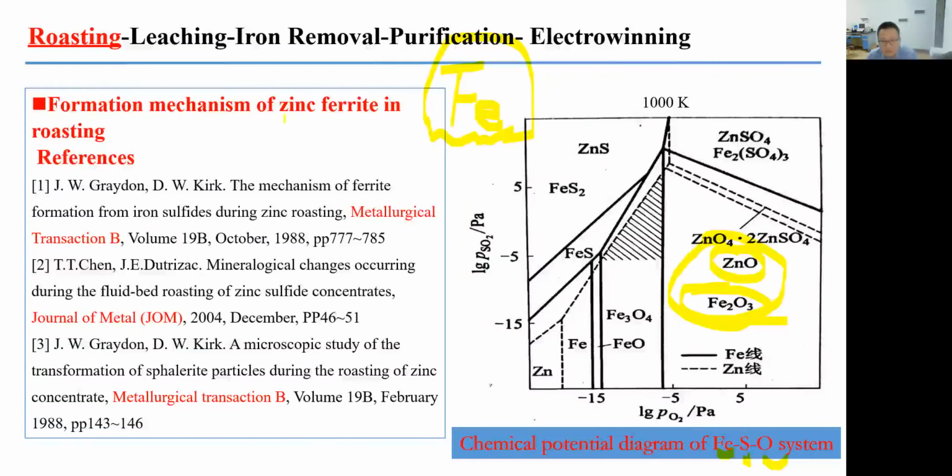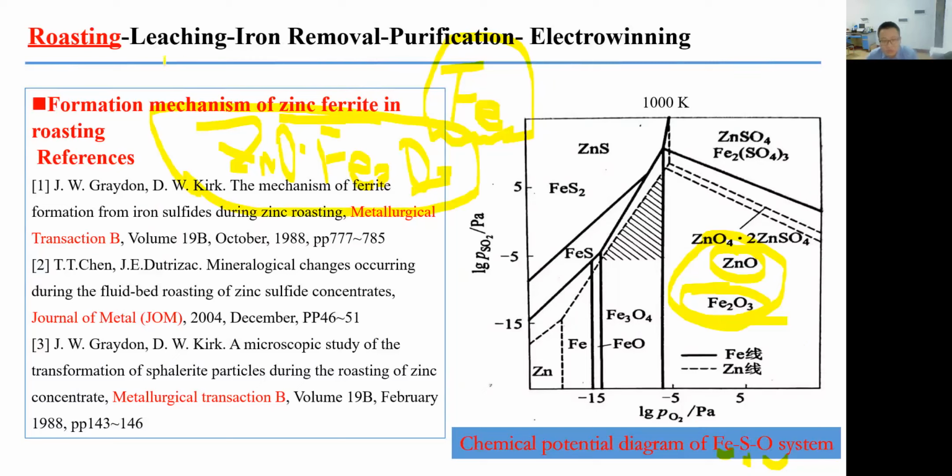We call it zinc ferrite, which can be written as ZnO·Fe2O3, the spinel formula or structure. So when we have this roasting process, we will get a product called zinc ferrite, and this zinc ferrite causes a lot of problems for zinc hydrometallurgy.